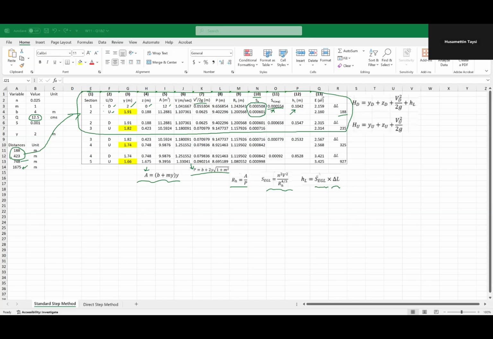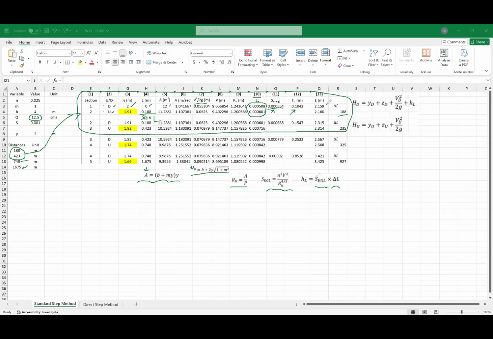And before calculating this energy, we use this distance as S0 times length, because we have a slope and we need to find the horizontal distance, so that it is 0.188. After we found the head loss, we can calculate the total head for downstream and also for upstream.